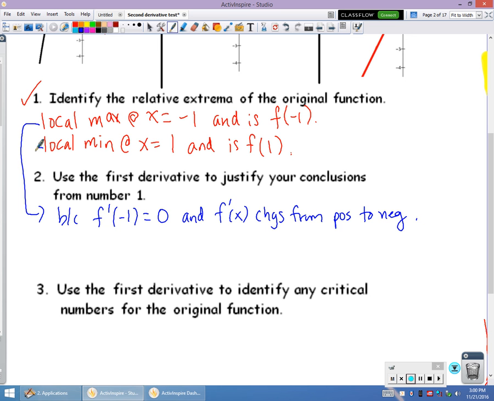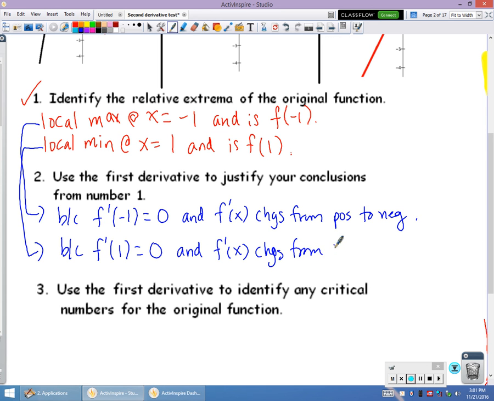Similarly, there is a local minimum at x equal to 1 and it is f of 1 because the first derivative at 1 is 0, establishing a critical number, and the first derivative changes from negative to positive. So I have used my first derivative test to support and justify my local or relative extrema at those particular values of x. So that's done.